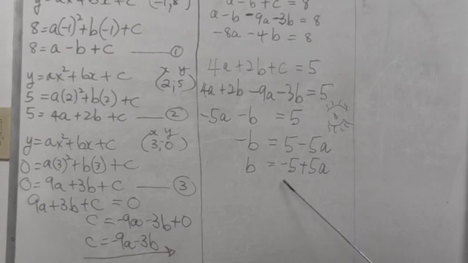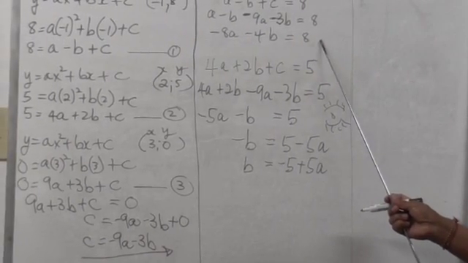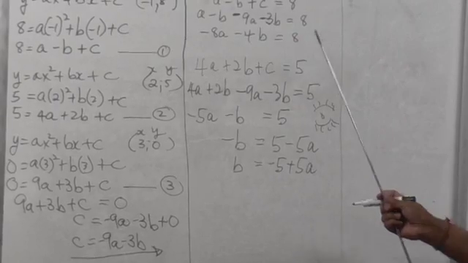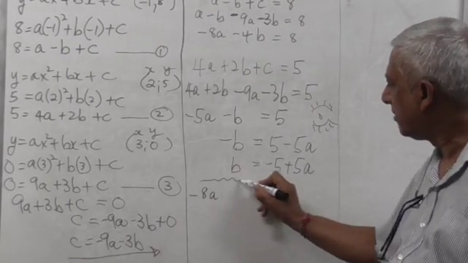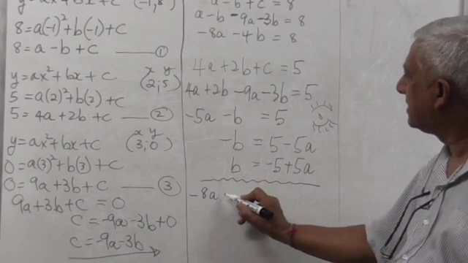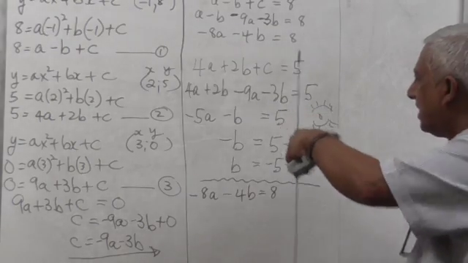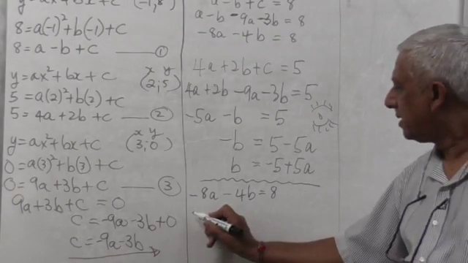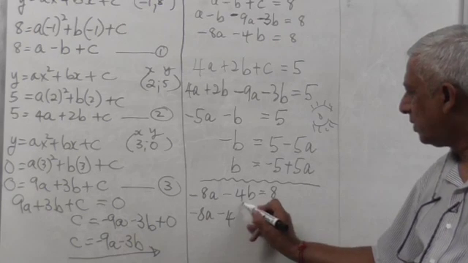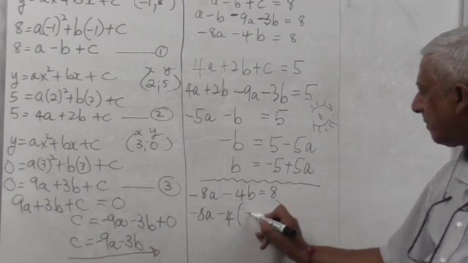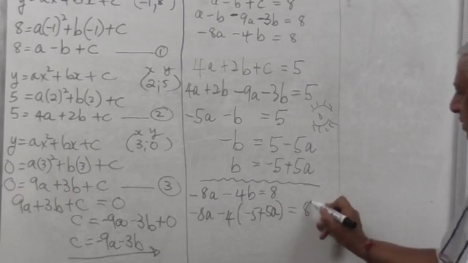Now, if b is minus 5 plus 5a, then you can go back here and substitute for b. So minus 8a minus 4b is equal to 8. I'm substituting there, but b is minus 5 plus 5a. So minus 8a minus 4 into minus 5 plus 5a is equal to 8.